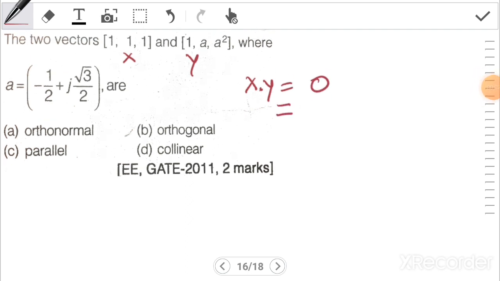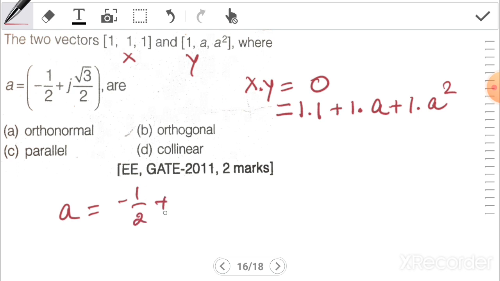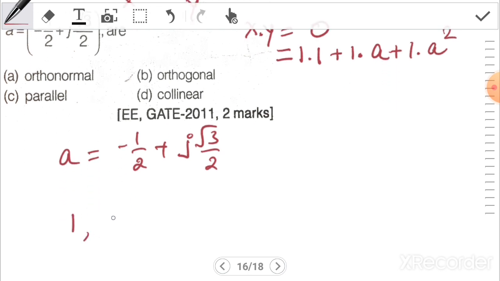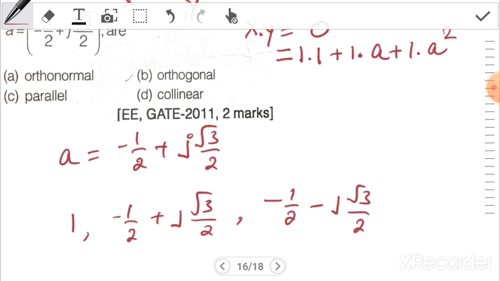Or 1 dot 1 plus 1 dot a plus 1 dot a square should be equal to 0. Here a is equal to minus half plus j root 3 by 2. If you can recognize this, the cube root of unity values are 1, minus half plus j root 3 by 2 and minus half minus j root 3 by 2.